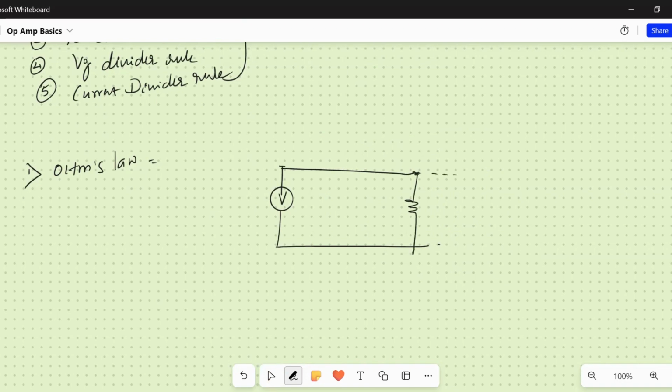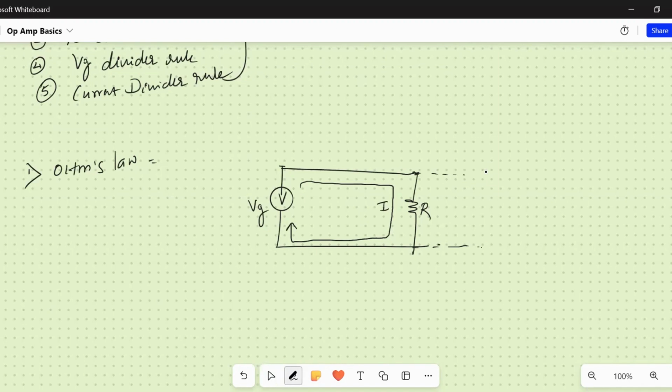This value will be feeding to another circuit. This is the voltage source. The circuit is connected back through the return path, and the current will flow all the way from here through the resistor and then back to this return path. This is the resistor, this is the voltage source, and this is current I all over this circuit.